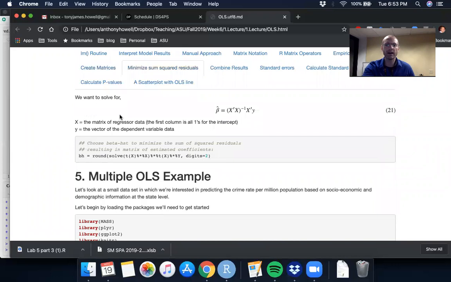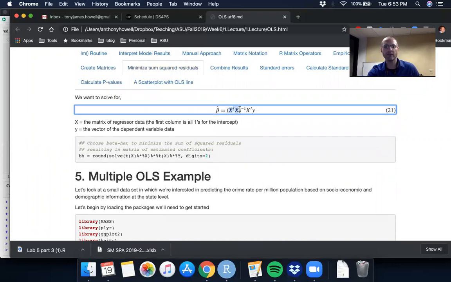Now we're going to minimize the sum of squared errors, again, doing the x prime x inverse x prime y. We have our x, we have our y. So we just need to transpose x multiplied by x, wrapped in a solve function to get the inverse, and again, multiplied by transpose x times y.